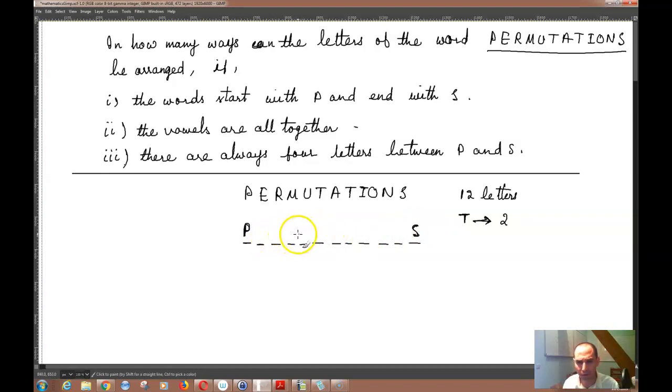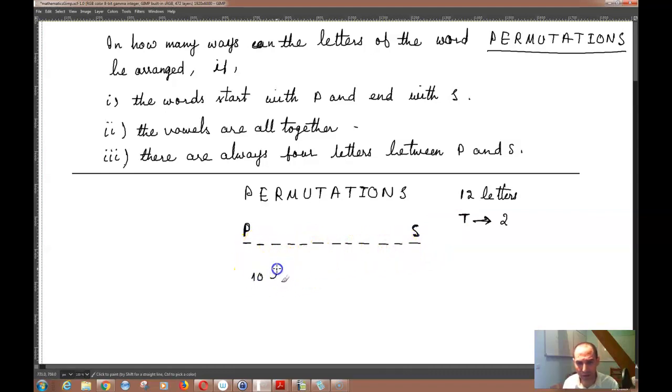You can imagine that you have 12 letters and you have used 2 of your 12 letters in these 2 placeholders, right? And the rest of the letters you're supposed to use here. So there are 10 letters to be used in 10 placeholders.